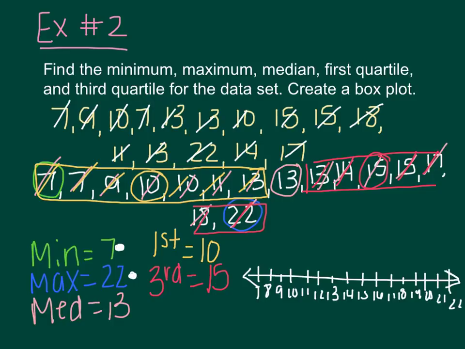And we start plotting our points. So we plot our minimum, which is 7. Remember, you put a dot for the minimum, and you also put a dot for the maximum, which is 22.